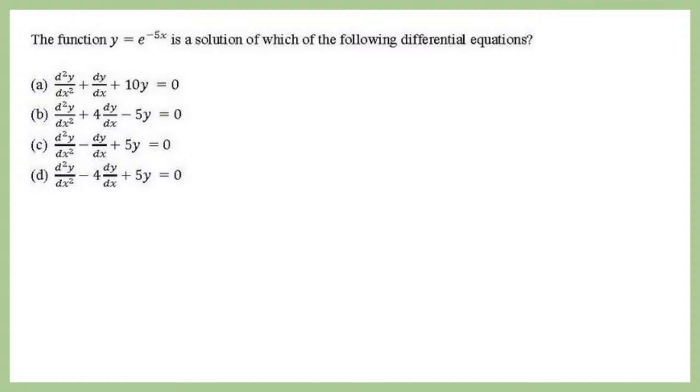The function y equal e to the power minus 5x is a solution of which of the following differential equations? Option A, d2y dx2 plus dy dx plus 10y equals 0. Option B, d2y dx2 plus 4 dy dx minus 5y equals 0. Option C, d2y dx2 minus dy dx plus 5y equals 0, and option D, d2y dx2 minus 4 dy dx plus 5y equals 0.